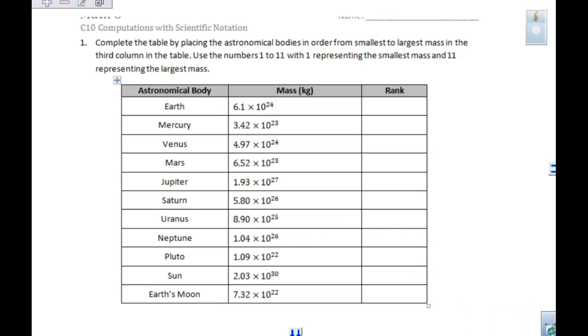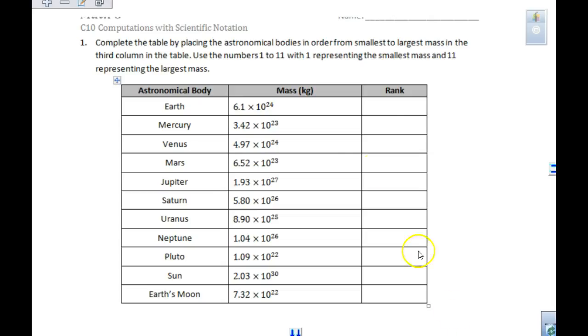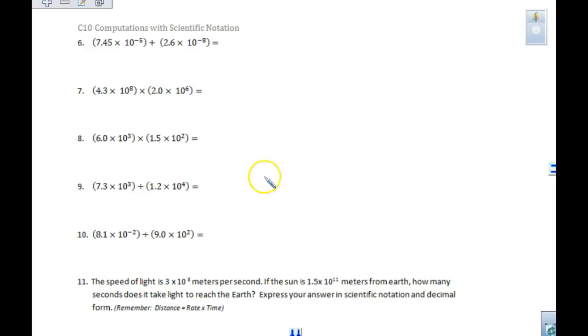The next thing you're going to do, on this worksheet, if you turn to this page, you need to do number 1 tonight. Then you are not going to do 2, 3, 4, 5, because those all deal with addition of scientific notation. Then you are going to skip, and you are going to do number 7, number 8, number 9, and number 10.